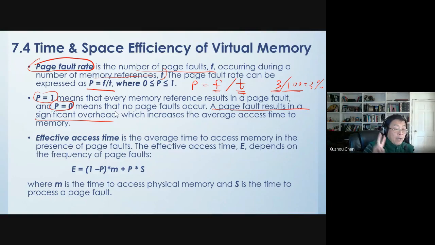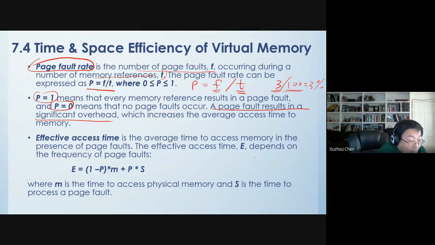So there are actually two possibilities. One, if the page in the memory that has to be replaced has been referenced and updated, then you need to save the current page, the page to be replaced, into the backing store. That requires communication between the memory and the hard disk. And then next, you need to load the page from the backing store, the hard disk, back to the frame, to the memory.